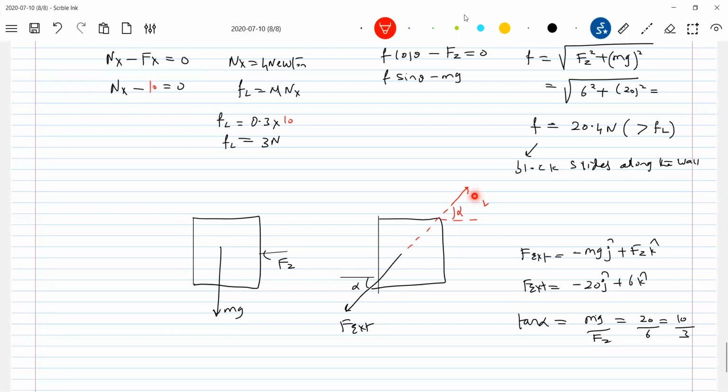Got the idea now? So in fact it is sliding and it will have acceleration in this direction. Got this? This is a little bit three-dimensional, so you have to be careful, so that mg and Fz, the effective, is what I'm showing here. Where is the wall? The background is the wall.